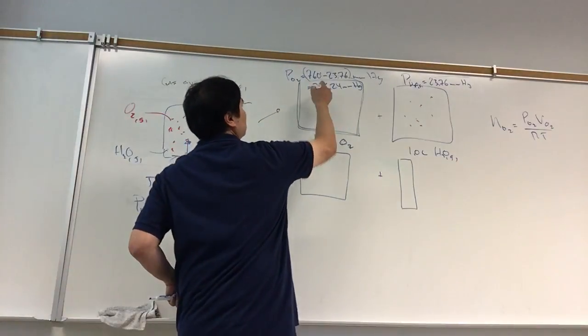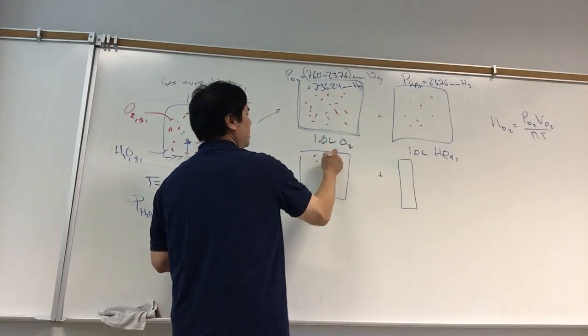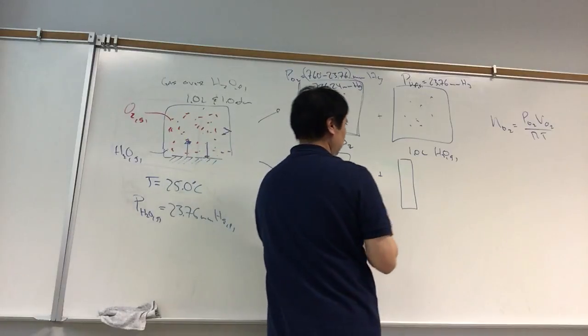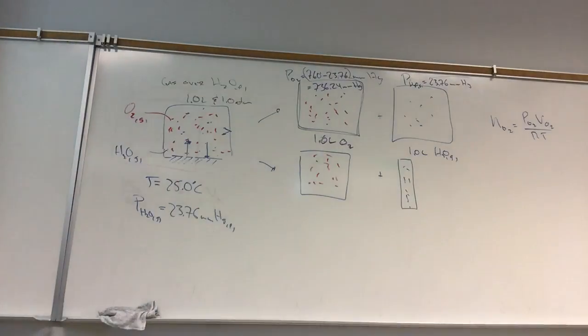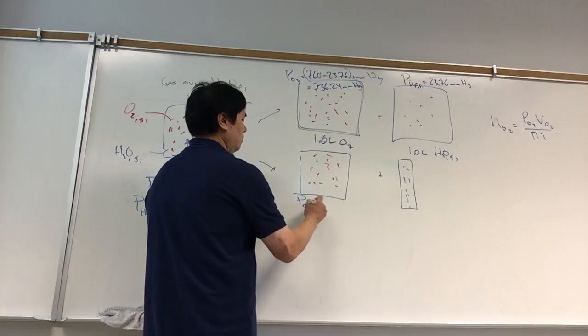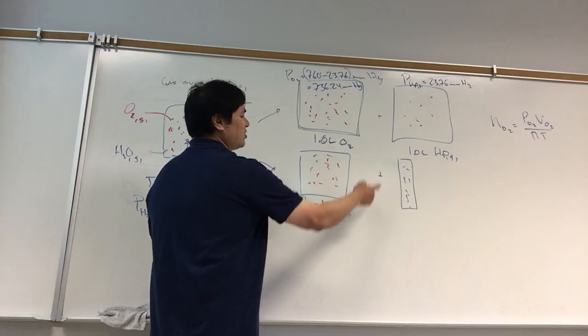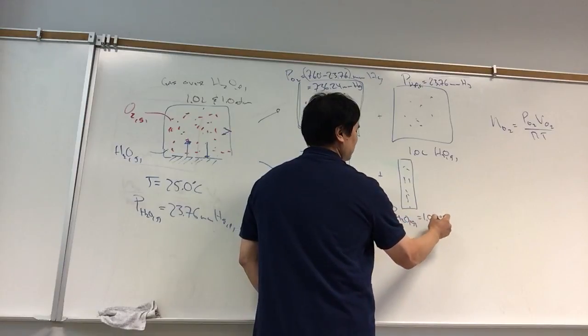Here's our oxygen, and we compress our oxygen here, and our water vapor here. What can I answer very quickly and easily for Avogadro's? The pressure. What's the pressure of the oxygen I just collected? 1 atm. And the pressure of the water vapor? 1 atm. That's very easy.